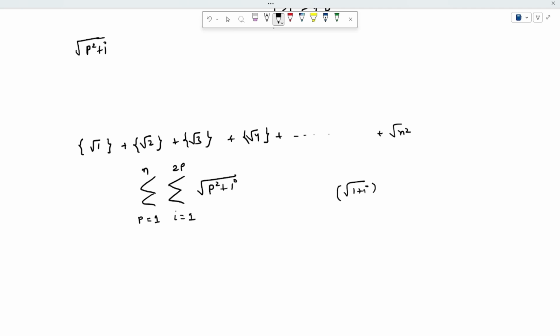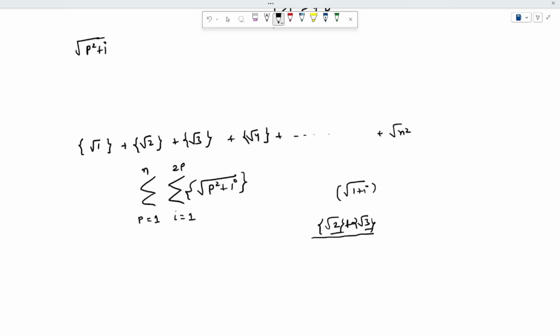Now we will expand: square root of 1 plus 1 is 2, square root of 2, square root of 3. We will get an expression like this, and this is the fractional part, so we will also apply the fractional part here. For p equal to 1, we get root 2 and root 3, because all the values between 1 and 4 come here.